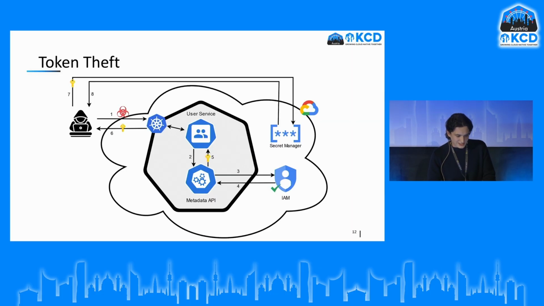And now let's look at what exactly happened here, or how this was possible. So we made use of a server-side request forgery vulnerability in our application, where the user sent a profile picture change request, and instead of a valid URL pointing to a picture, it sent a malicious URL pointing to the metadata API. The user service failed to check that properly and requested the token from the metadata API.